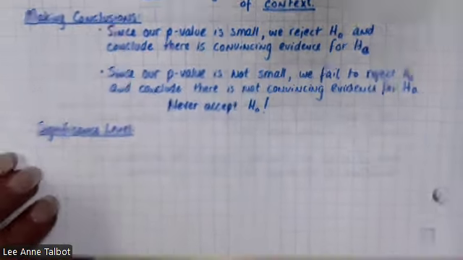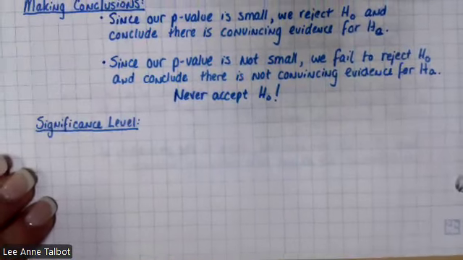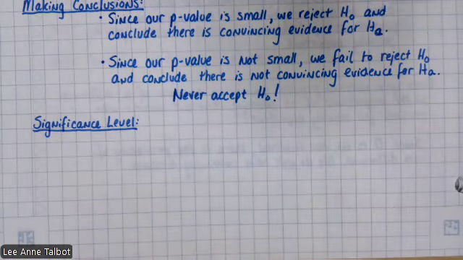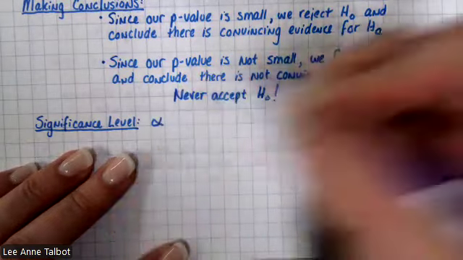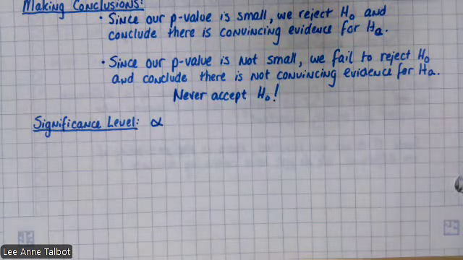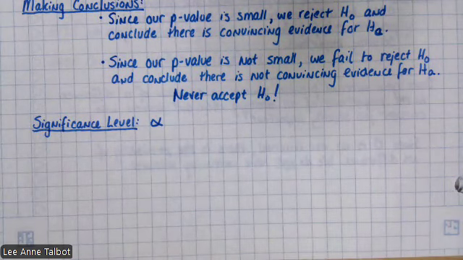Okay. Significance level. The significance level is the Greek letter alpha, and it looks like a little fish guy. Have fun drawing that. It's like half or three quarters of an infinity symbol.